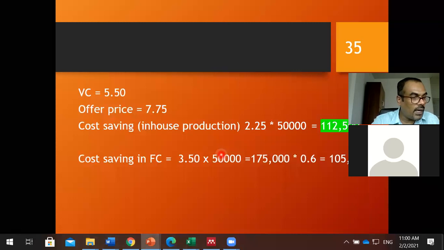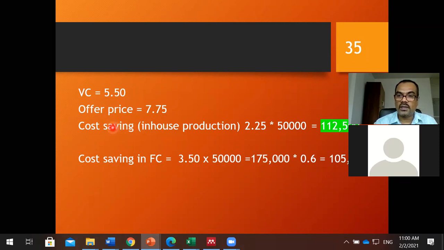If you can master and improve your calculation in that way, that is much better. So variable cost is 550, offer price is 775. The fixed cost item is not a cost saving here, there is a mistake.